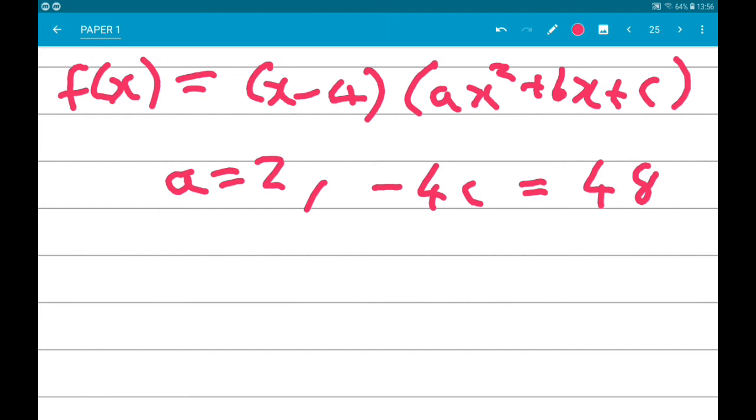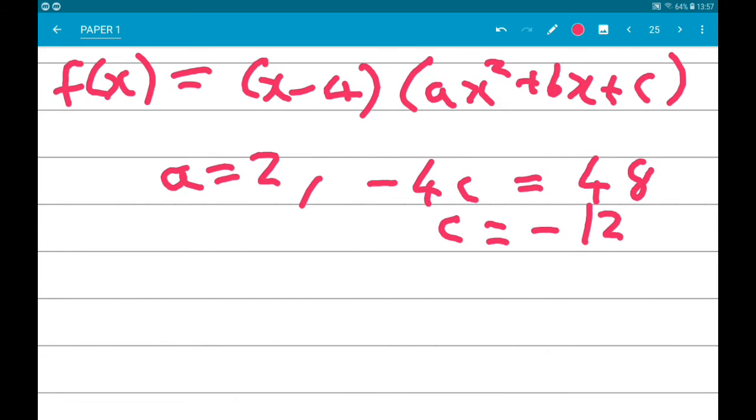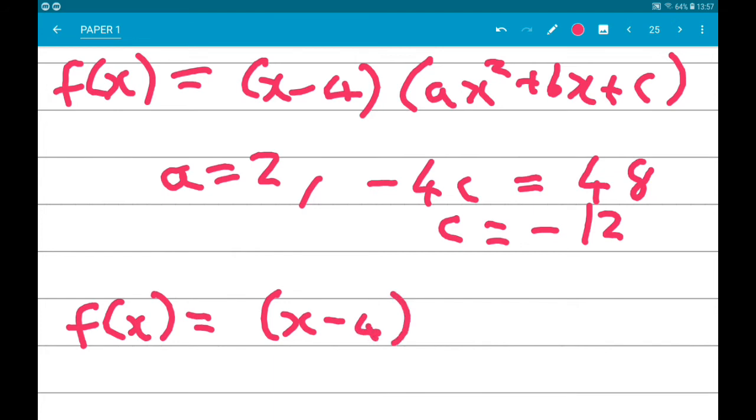So c is minus 12. So now we can say f of x is x minus 4 times 2x squared add bx minus 12.